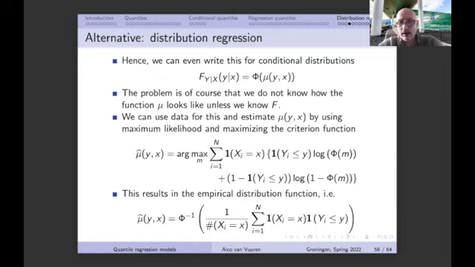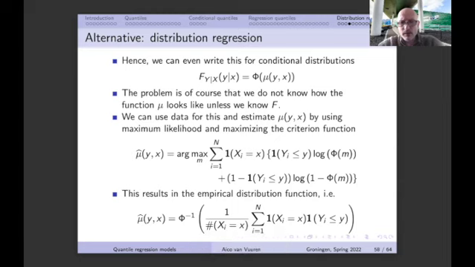So if 50% of our observations are equal to 1, for example, then our only coefficient, the constant, is simply equal to 0. If it's going to be more than 50%, it's going to be positive. Otherwise, it's going to be negative.